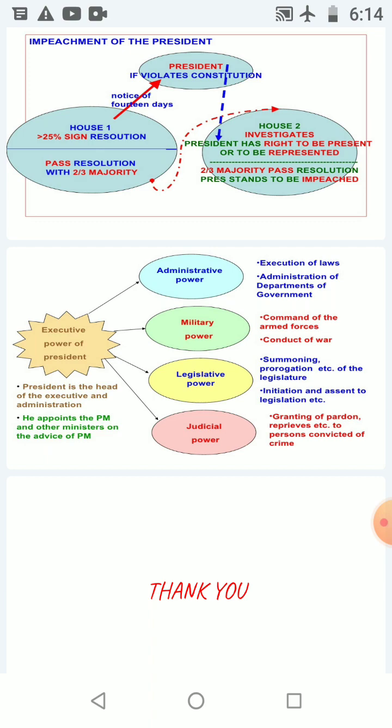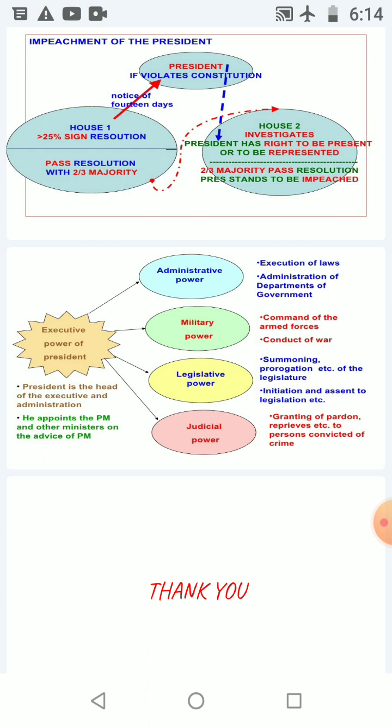All the major appointments are made by the president. He appoints the prime minister and the other ministers in the council of ministers. He appoints governors, judges of the Supreme Court and High Court, ambassadors, attorney general, etc. He is the supreme commander of the defense forces also.